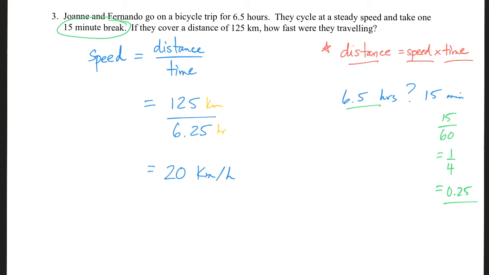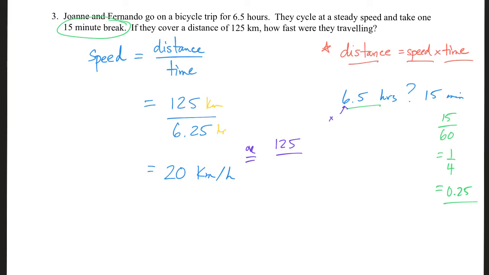Now, I'm going to put down a little "or" in here. You could have done this problem the other way I mentioned. You could have said that you have 125 as their total distance, but then you calculate your hours. Each hour has 60 minutes.